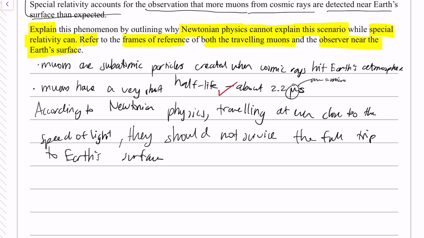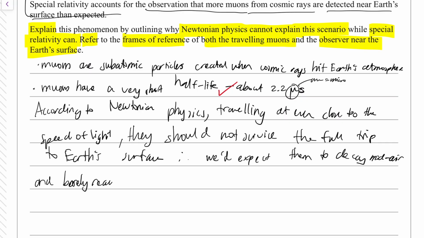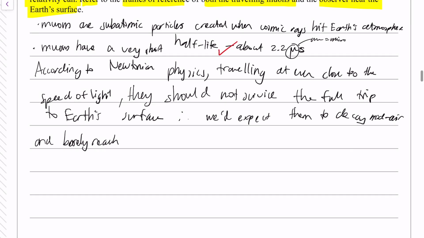And therefore, we'd expect them to decay mid-air and barely reach the ground. Okay, and so that's where our second mark comes from, is really just saying that the muons are unlikely to reach Earth's surface using Newtonian physics.